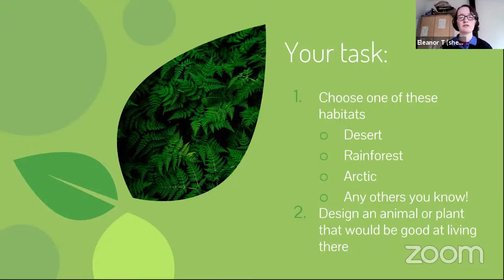So for example, if you're looking at the desert and you were looking at plants, you can have a look at cacti and see what adaptations cacti have that make them good at living in the desert. Or if you want to design an animal, you could look at camels or kangaroos and see why they're good at living in a desert environment. And then you need to design a completely brand new animal or plant that uses some of these adaptations that's going to be good at living in that environment.